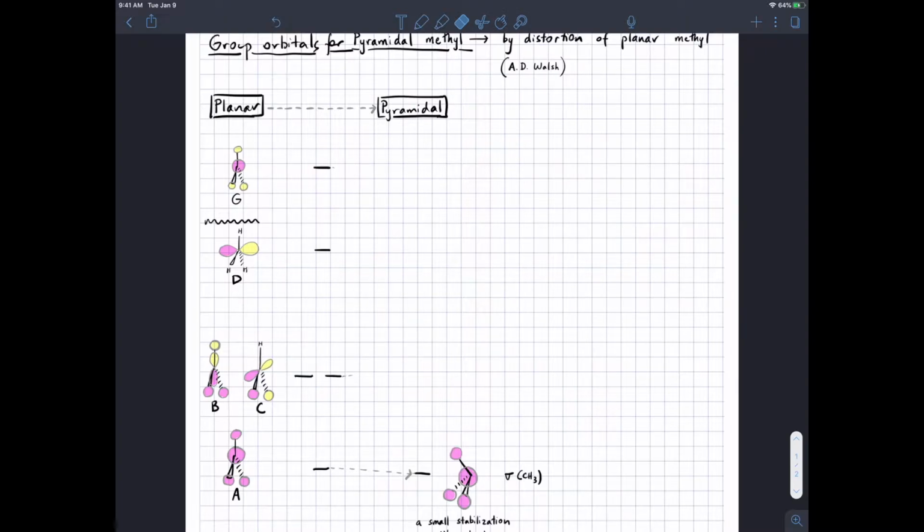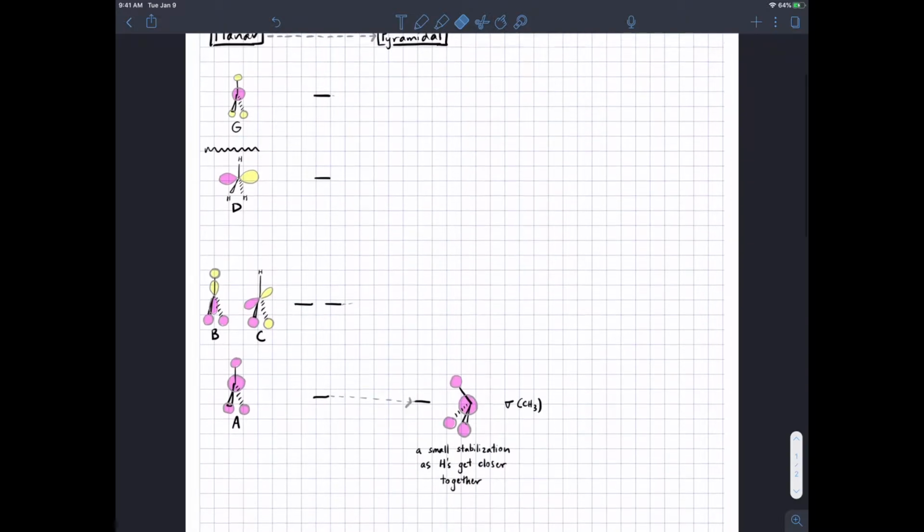As we do this, we're going to use one of the rules of qualitative molecular orbital theory, or QMOT, which says we're going to make systematic distortions from high symmetry structures like this trigonal planar group, and then decide how that's going to change the energies of these orbitals based on how orbital overlap changes.